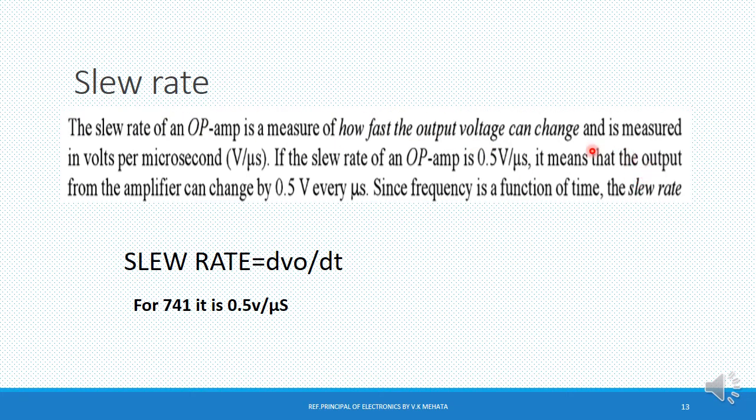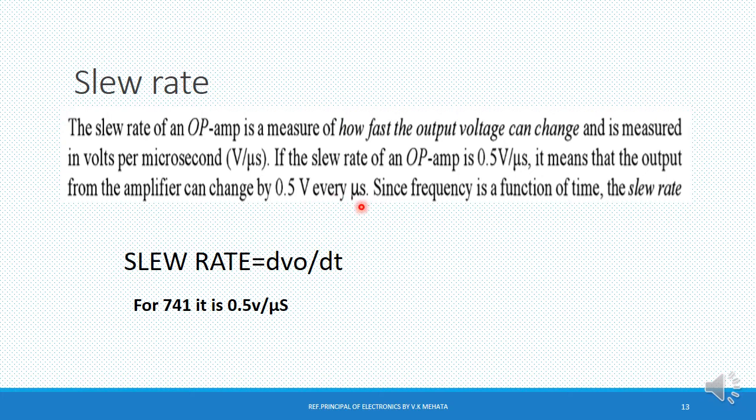It is measured in volts per microsecond. For the 741 operational amplifier, the slew rate is equal to 0.5 volts per microsecond. It means that the output from the amplifier can change by 0.5 volts every microsecond.